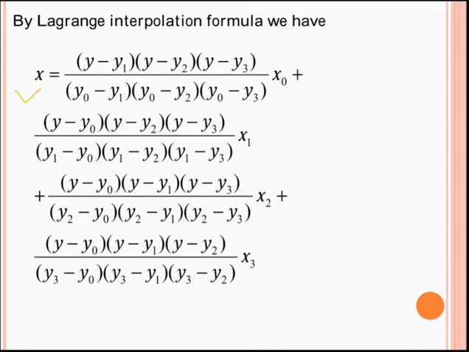So I will take x equal to, first, x0. In the numerator I will take y minus y1, y minus y2, y minus y3. Similarly, in the denominator I will subtract each and every term from y0: y0 minus y1, y0 minus y2, y0 minus y3.